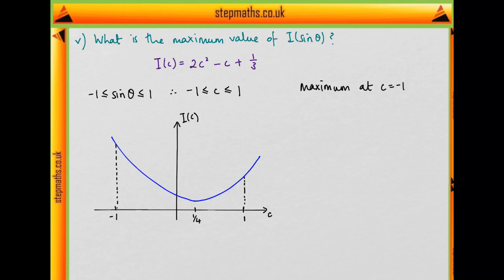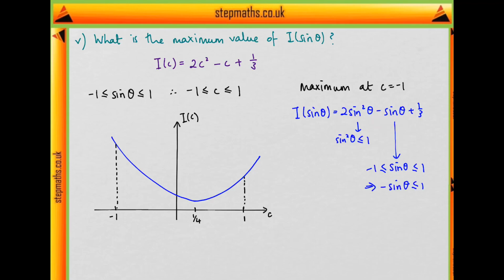This makes sense if we look at it in terms of sine theta as well. I sine theta is going to be 2 sine squared theta minus sine theta plus a third. We know that sine squared theta has a maximum value of 1, and sine theta lies between minus 1 and 1, and so minus sine theta is going to have its maximum at 1 when sine theta is equal to minus 1.